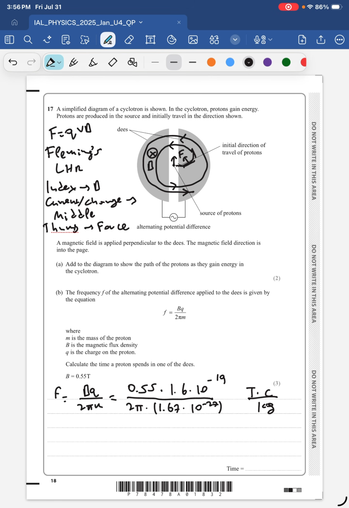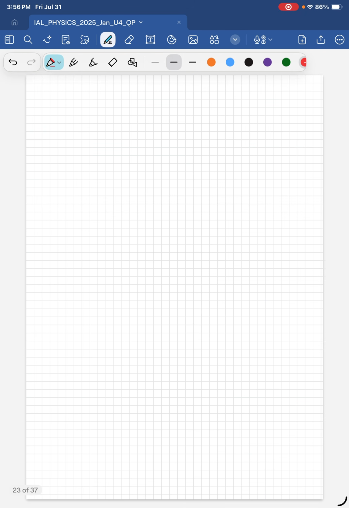So we have kilograms, and this evaluates to 8.39 times 10 to the 6, and the units must be hertz. As I have done throughout this test, I'm going to show you why teslas times coulombs over kilograms evaluate to hertz. So let's do that.